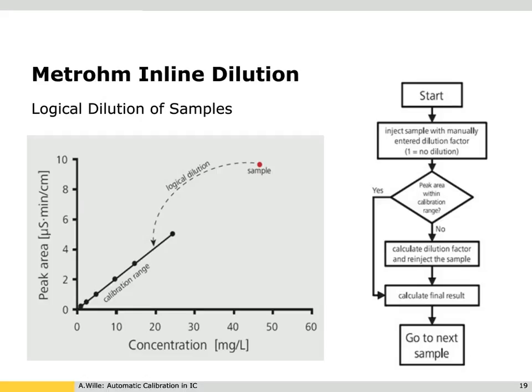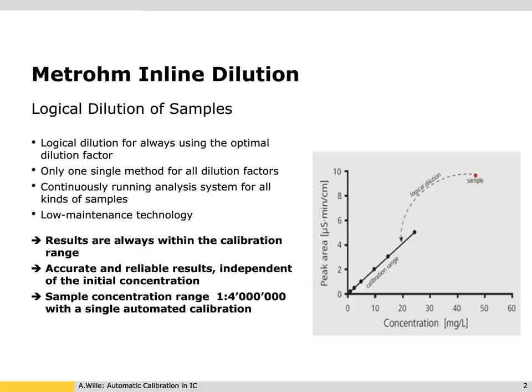So at the end of the day, you have all the samples within the calibration range, and that helps you a lot so that your results are reliable for all the sample series. That is also shown here. Logical dilution always uses the optimal dilution factor that is calculated automatically. Only a single method is necessary for this technique, so the maintenance of the method is really low, as well as nearly no maintenance being necessary, and you can run highly concentrated and low concentrated samples directly behind each other.